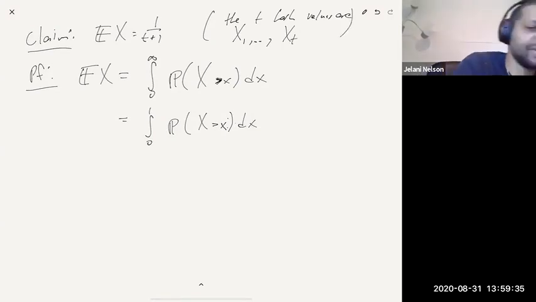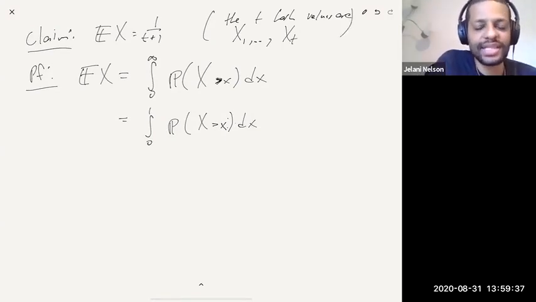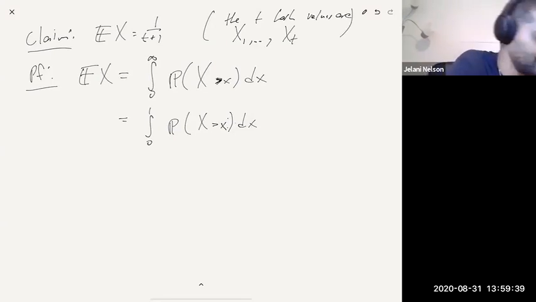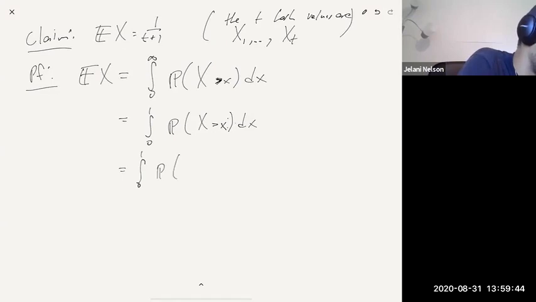So if the minimum is bigger than x, that's the same thing as saying that all of them are bigger than x, right? So this is equivalent to saying that we have the event that for all i, capital Xi is bigger than x dx.